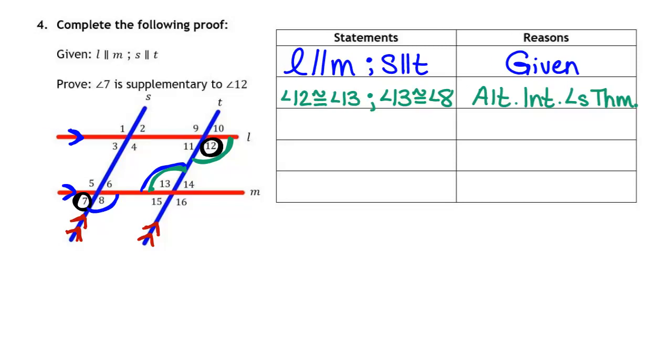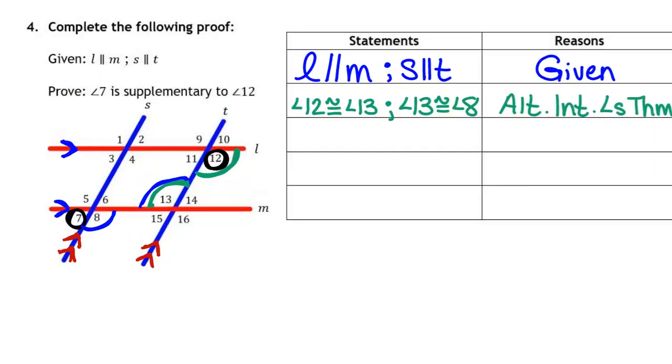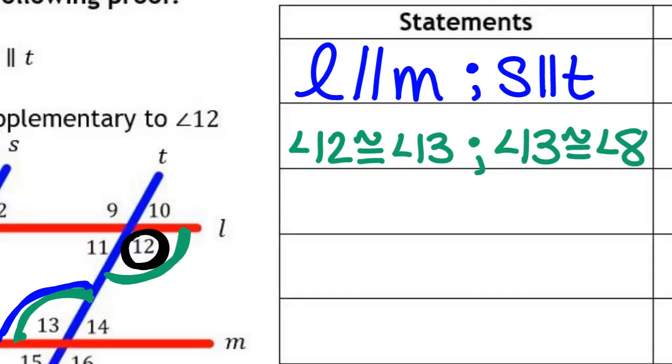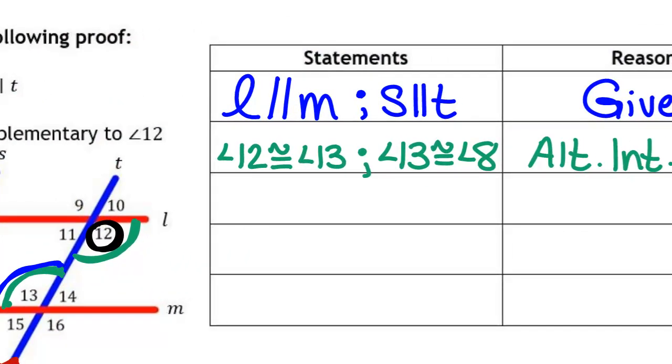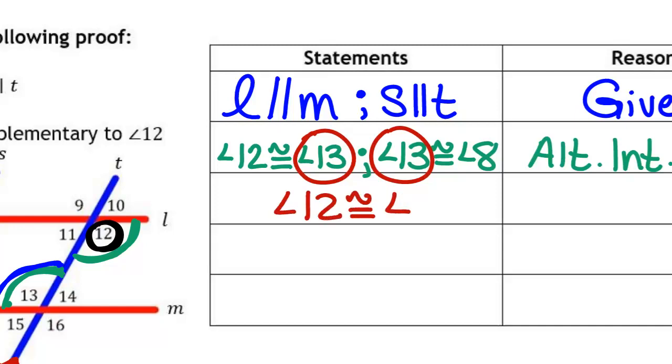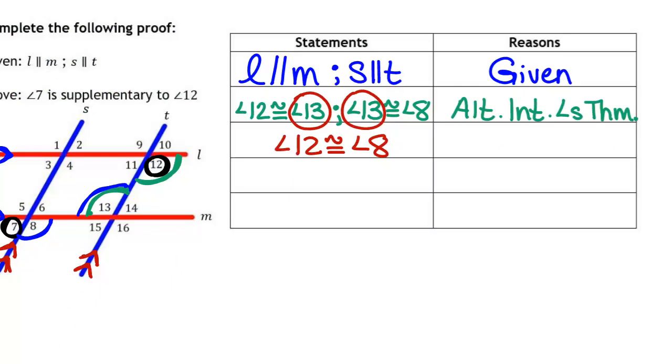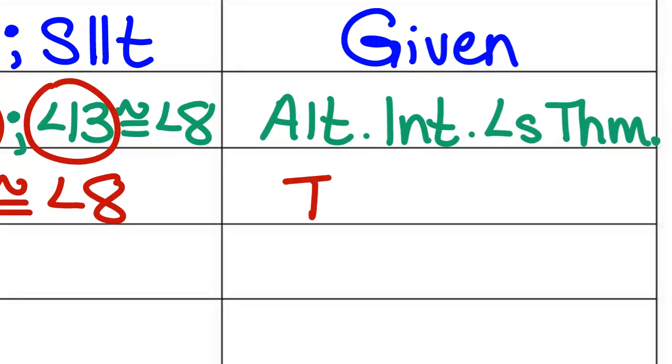All right, so help me walk through this. If 12 is the same size as 13 and 13 is the same size as 8, what would that mean? Angle 12 is congruent to angle 8. What did we just use to be able to say that? Transitive.